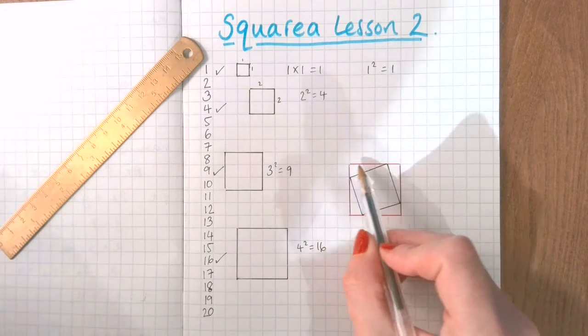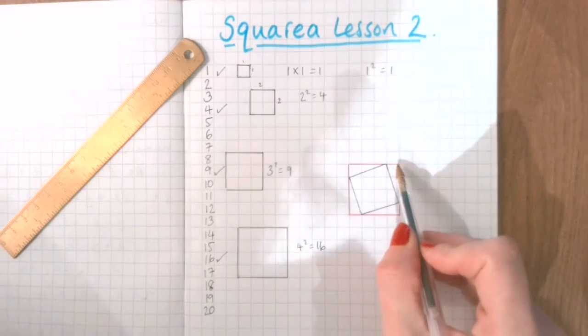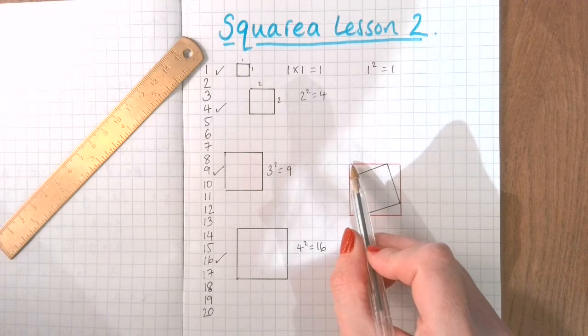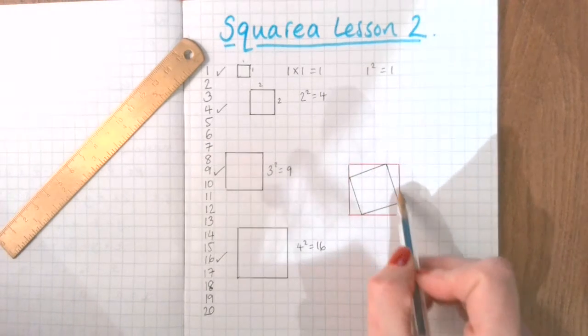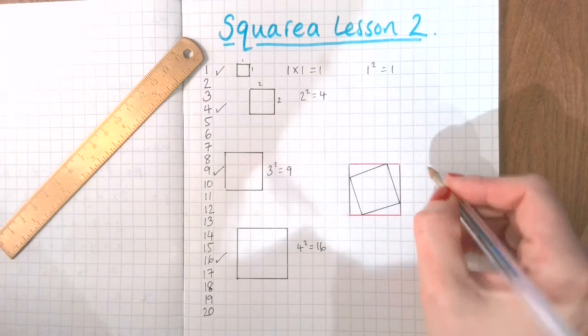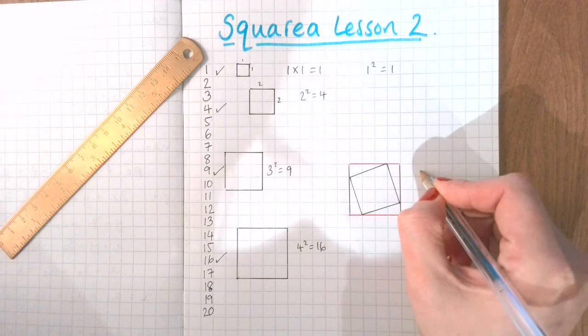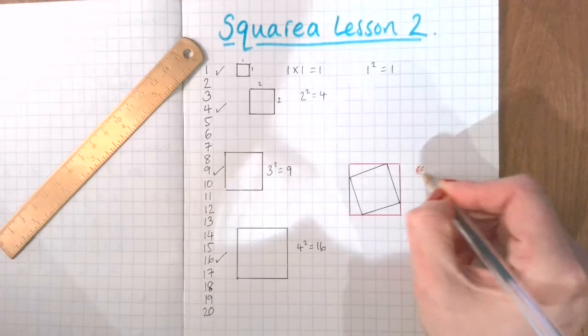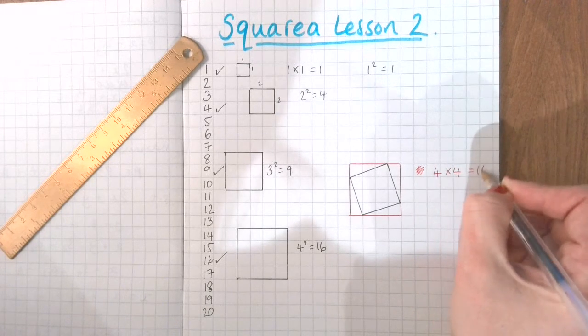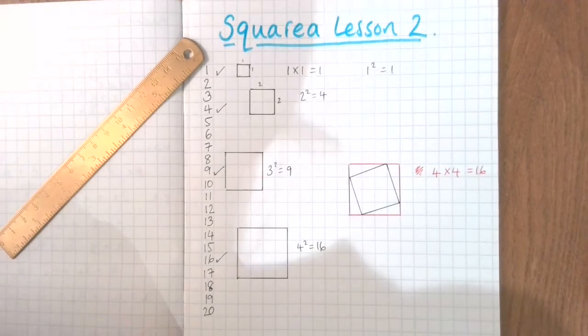First of all, we're going to find the area of the big square. Each of the sides of that big square around the outside are 4 long. So the red square is 4 by 4, which is 16.